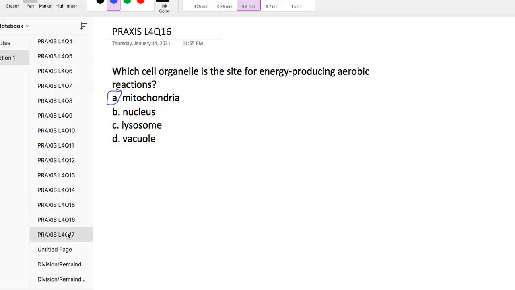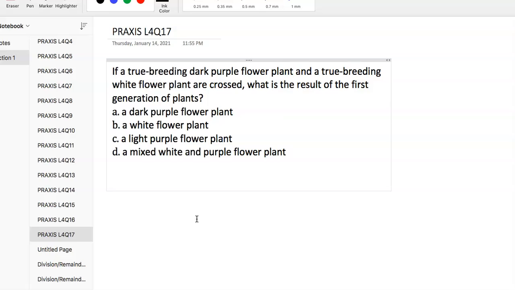And finally, last question for level 4. If a true breeding dark purple flower plant and a true breeding white flower plant are crossed, what is the result of the first generation of plants? And what we want to know is that it's a dark purple flower plant. Right?